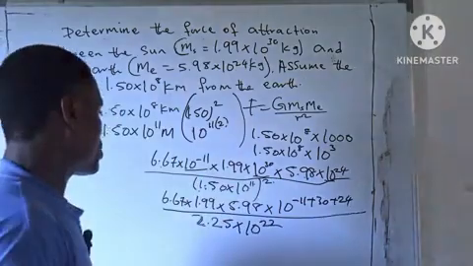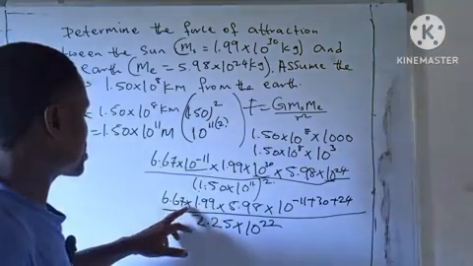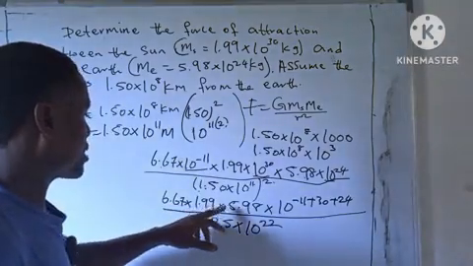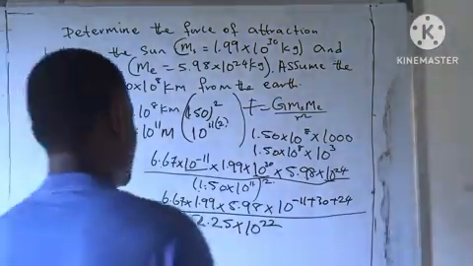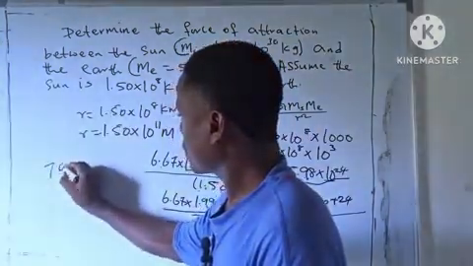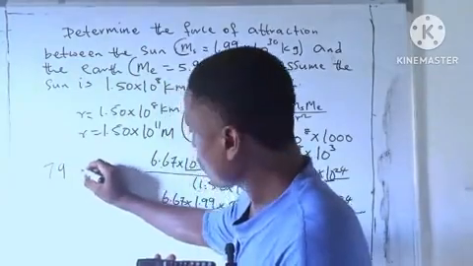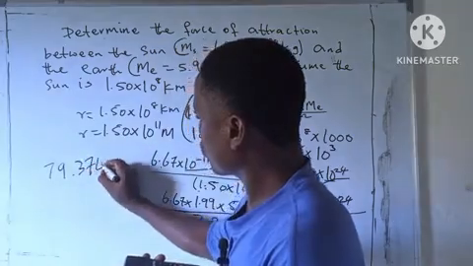Okay, let's continue. So let's multiply 6.67 times 1.99 times 5.98. It will give us 79.374.